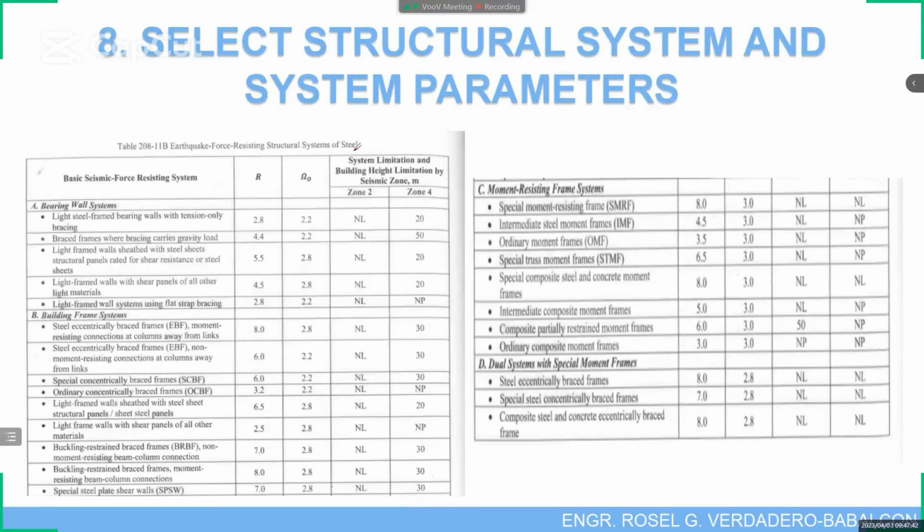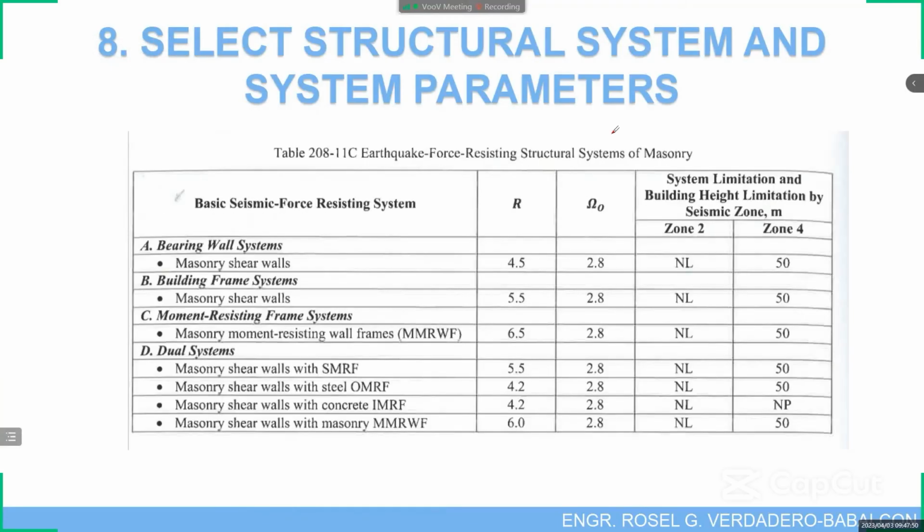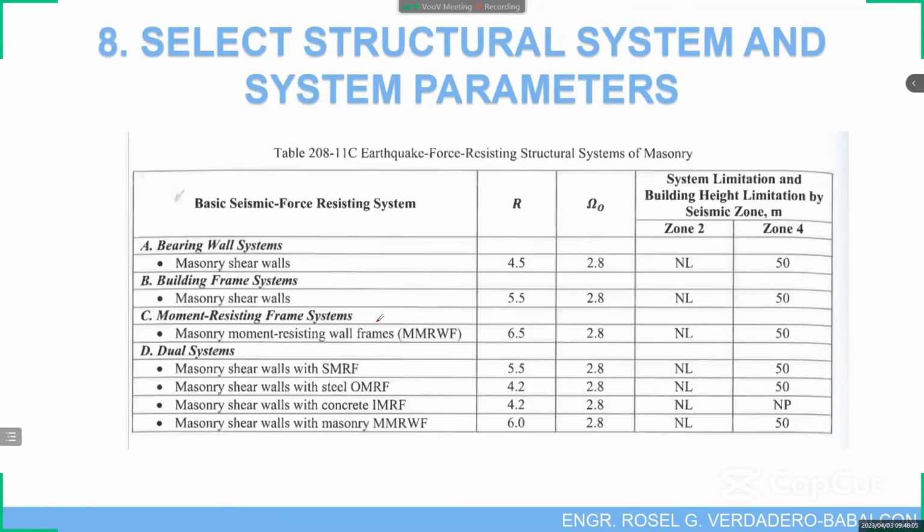We also have it for steel, and for masonry. So for masonry shear walls, the height limitation is 50 meters for seismic zone 4. And also for wood, okay, so here are the other systems for wood.